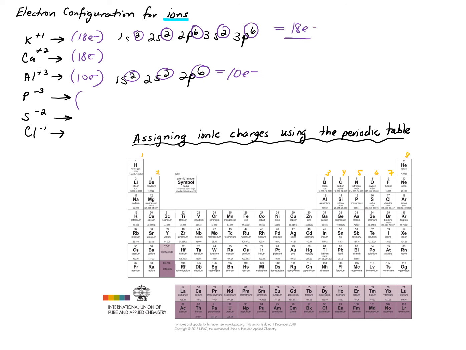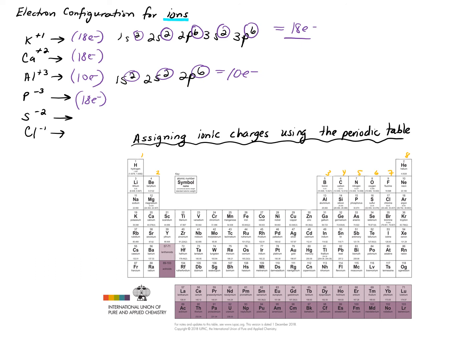So you go from 15 gaining 3, which gives you a total of 18 electrons again, the same electron configuration that I wrote for potassium +1 and for calcium +2.